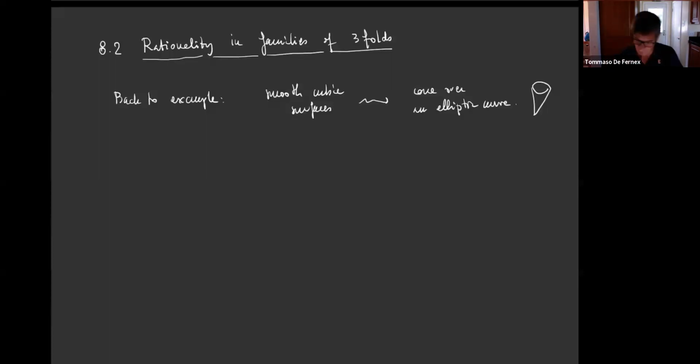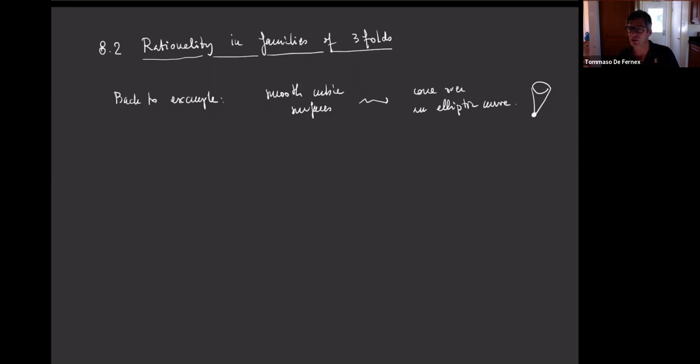Is there some other way we can look at this? This notion of B-rational singularity is already one way of excluding this example, because the vertex of this example doesn't satisfy that. But is there another way that we can look at this example and say that, of course, we cannot expect rationality here?